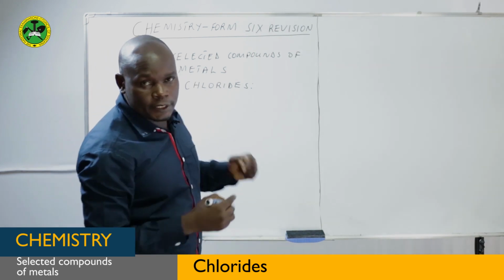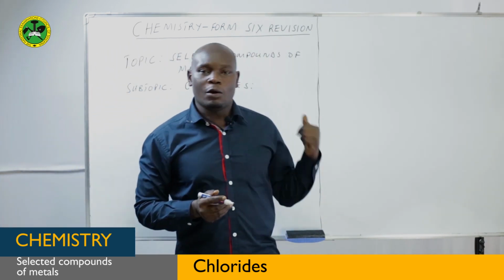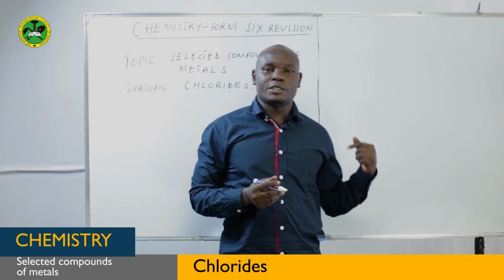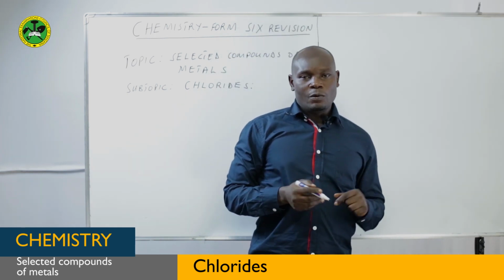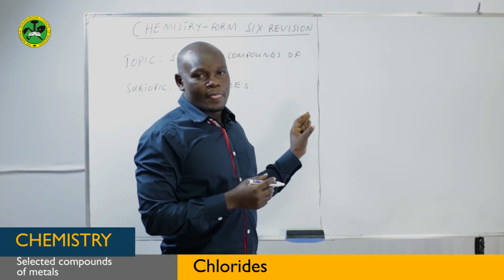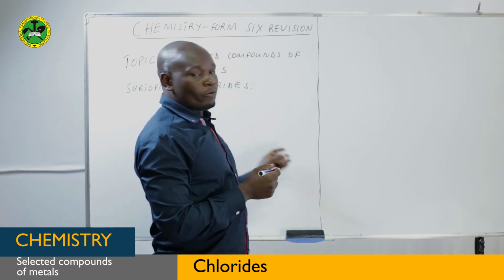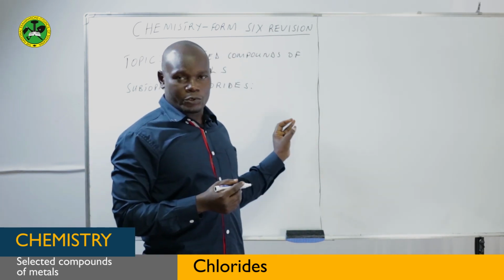This topic is a continuation of your O-level topic which you studied, known as metal and its compounds. So for proceeding now, let us see what we are going to consider in this subtopic.